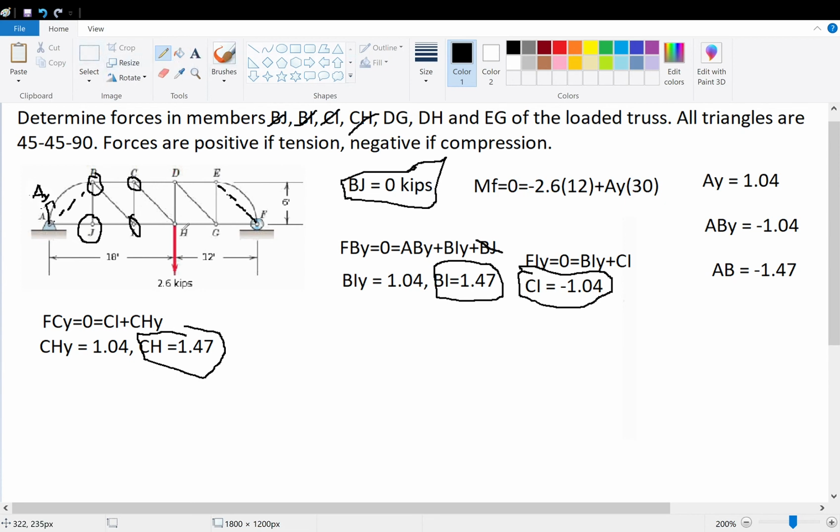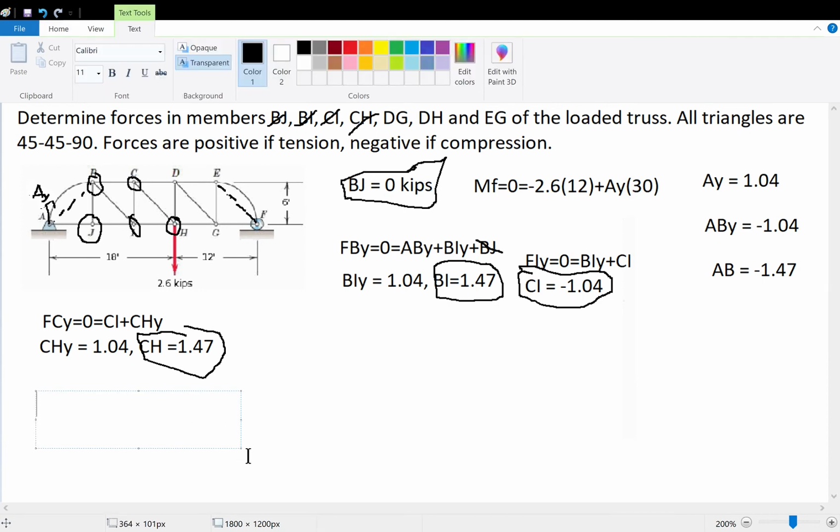And now you move on to joint H, and this one's going to be a little bit different, but it's still the same general idea, where you will take the net force of H in the Y direction, which is going to be equal to CHY plus DH minus 2.6 kips, because you have to consider the kips that are already there, and all of those combined will be equal to 0, obviously.